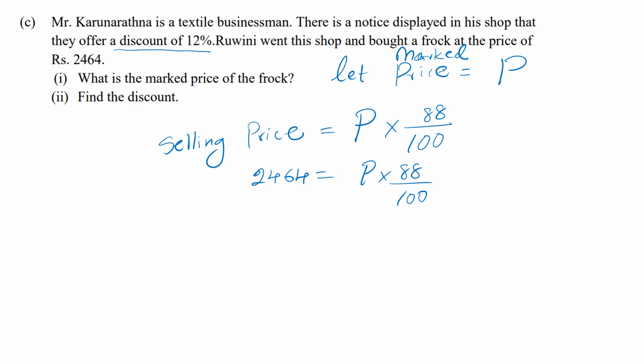Then you have to do 2464 into 100 divided by 88 equals P. P is the price, actually the marked price. So how can you simplify?